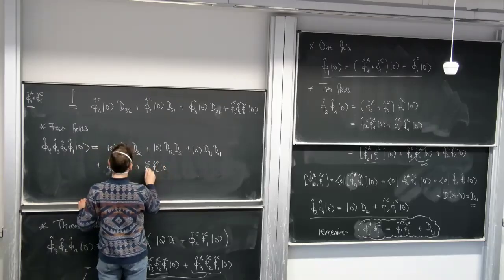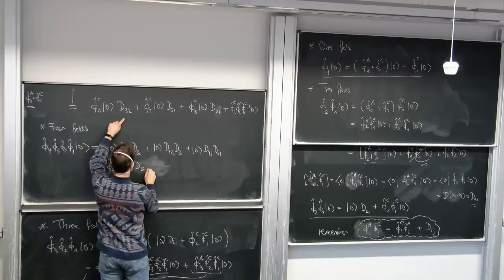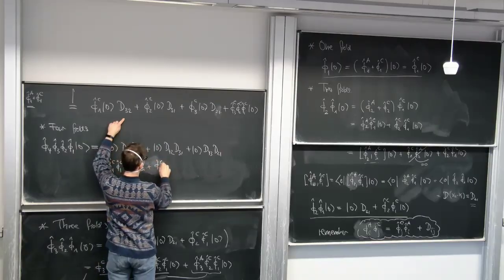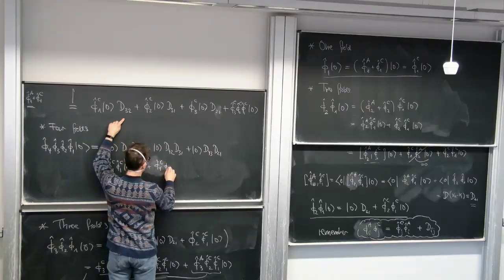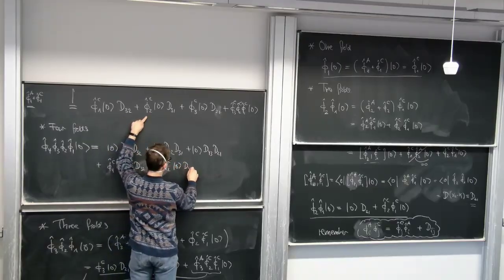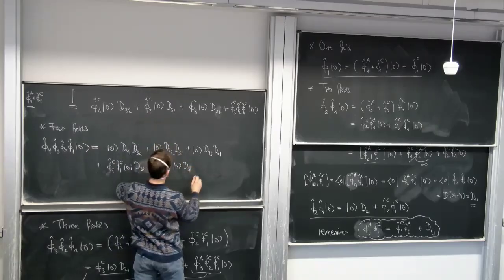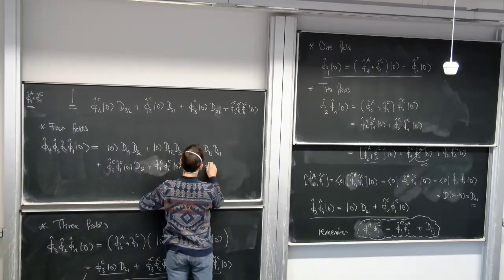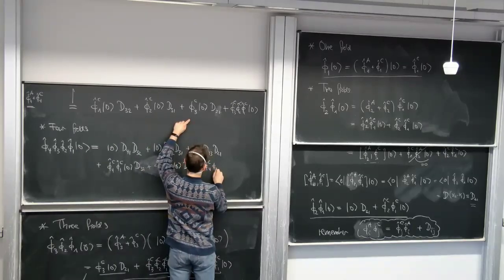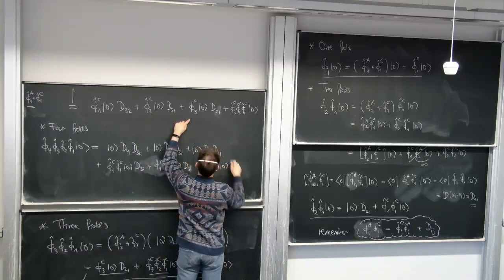See? There should be missing. D 2 plus phi 4 C phi 2 C D 4 3 1 plus phi 4 C phi 3 D 2 1.